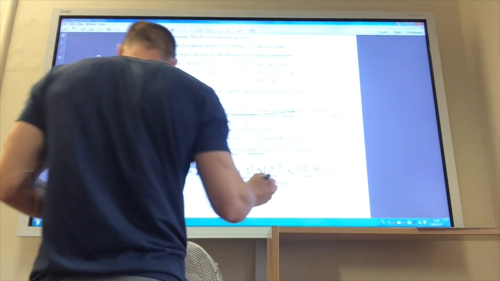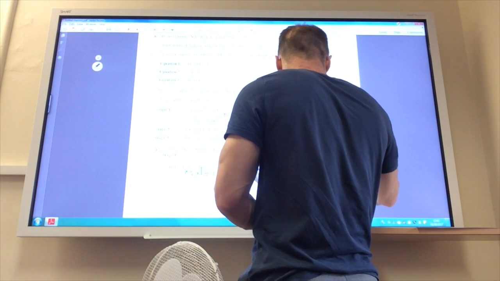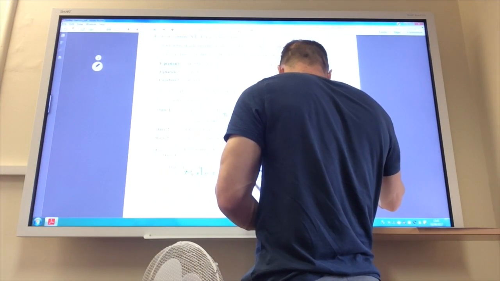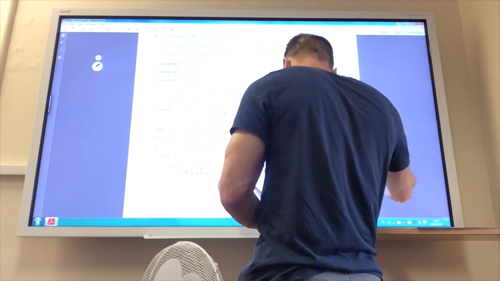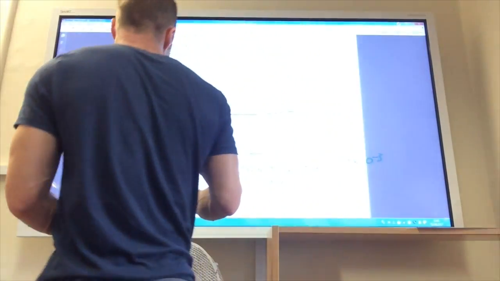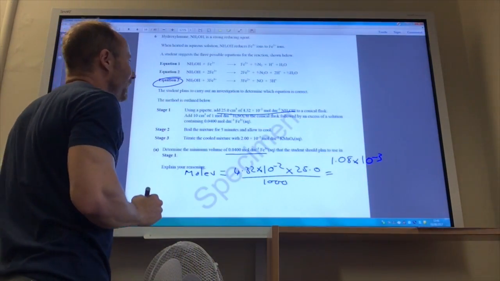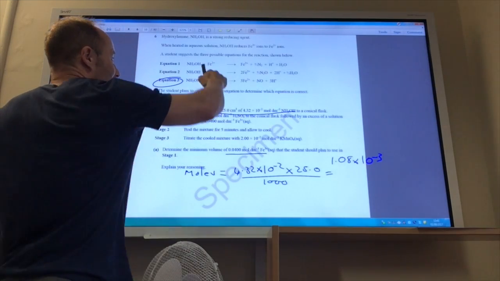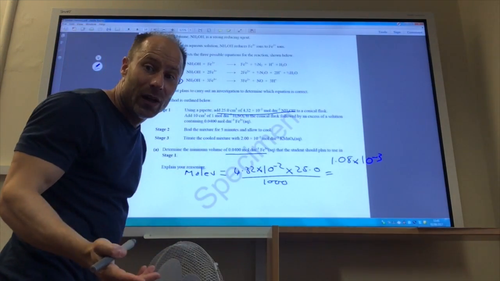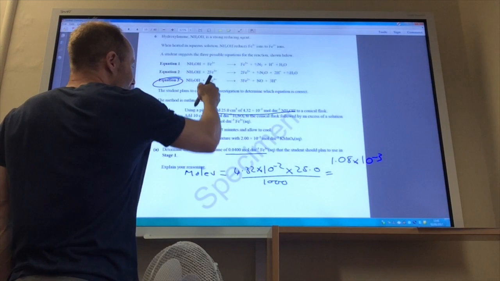If you do that, you come to 1.08 times 10 to the minus 3. Now, for the minimum volume, I've got to work with equation 3, because if that one's correct and I've only worked on a 1 to 2 ratio, I haven't added enough. So I'm going to assume it's a 1 to 3.